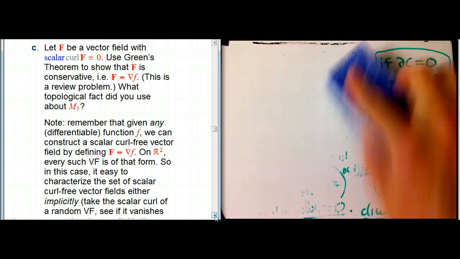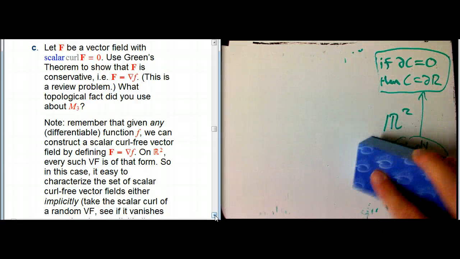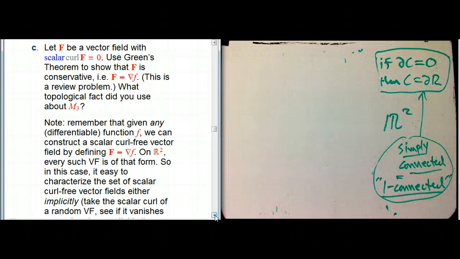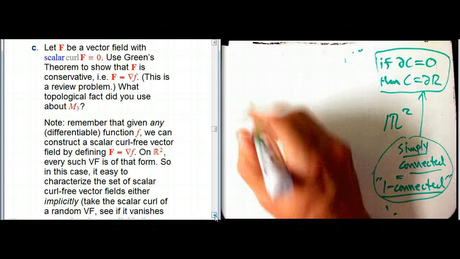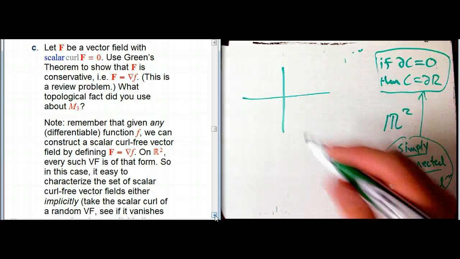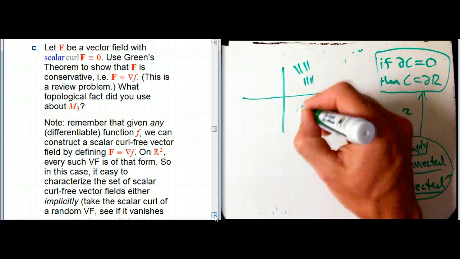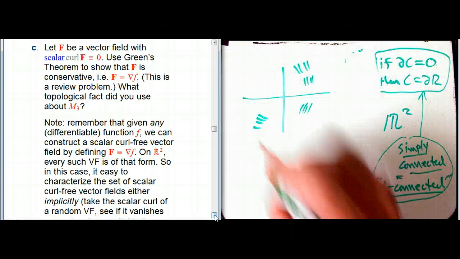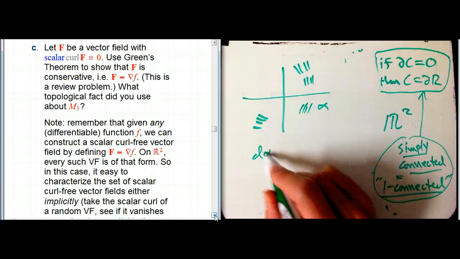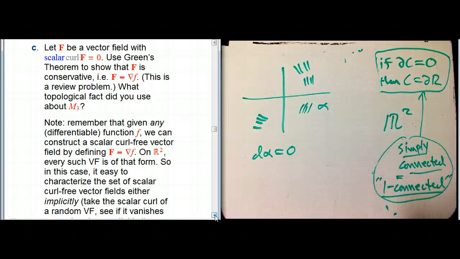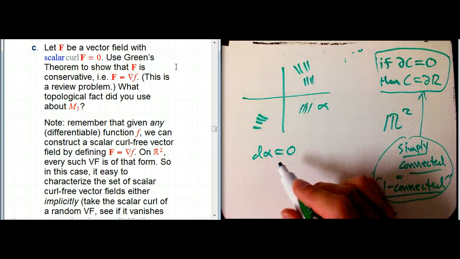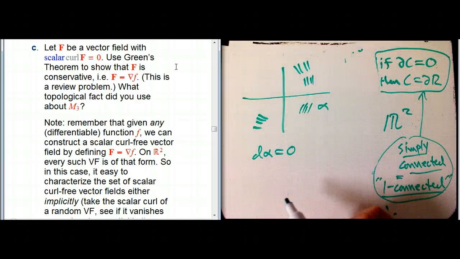Let's use Green's theorem, and I'm going to use the differential form version because I put this in the context of lectures on differential forms. So I've got this form, and you have these stacks, whatever picture you want of the form. That's our alpha. We know that d alpha equals 0, and the claim is we can use Green's theorem, which is really just the generalized Stokes theorem, of course, to show that alpha is exact. Well, how could we do that?